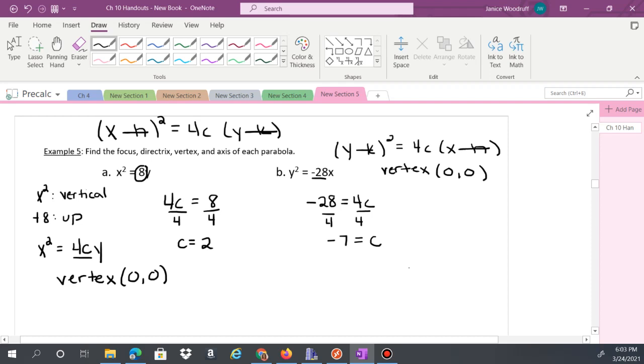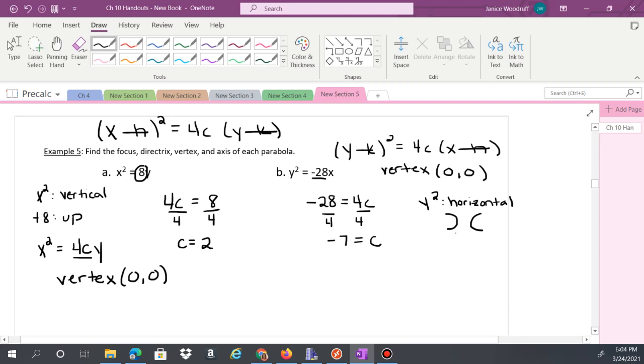Okay, before I do that, it's y squared, which means it's sideways. So I'm going to say y squared is a horizontal parabola. Or you can just say sideways, that's fine. It's horizontal, which means it's either going to open to the left or to the right. So when I think about that, it's going to look like one of these.